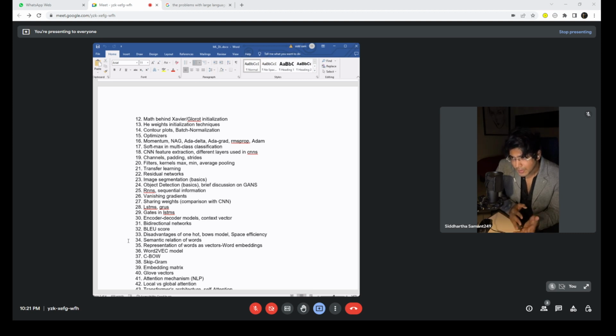If you remember, in week 2 we did a minor introduction to NLP, things like stop words, bag of words, TF-IDF. Again, the classical approach: read about something, then read about its disadvantages, and then move on to the next theory, the cycle of life. Then you go to the semantic relation of words. Words have relations with each other.